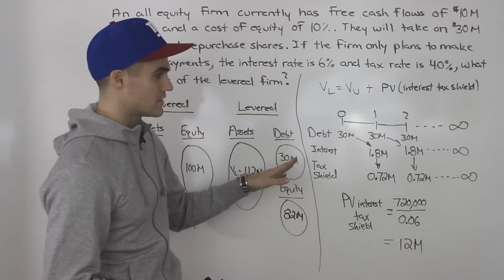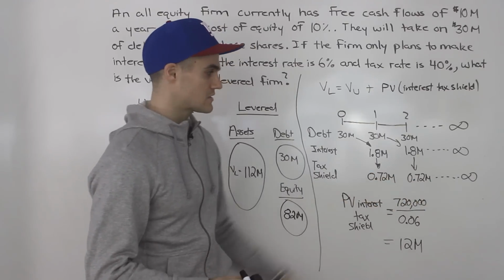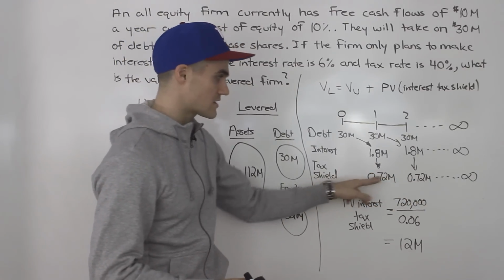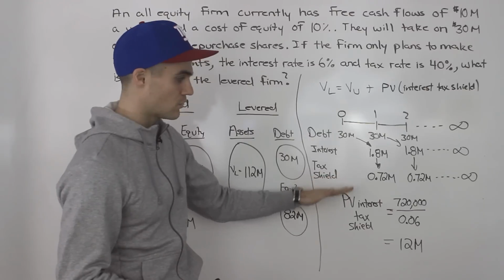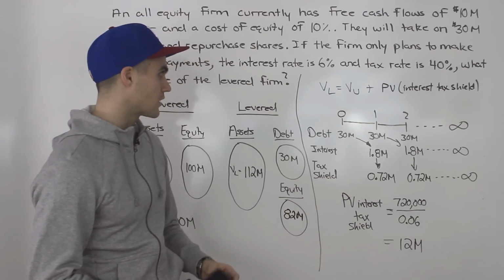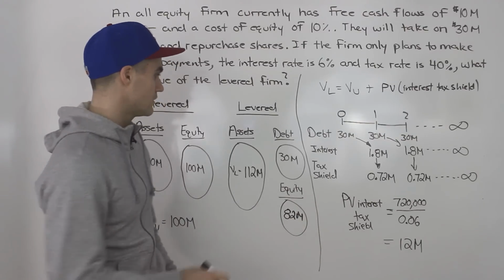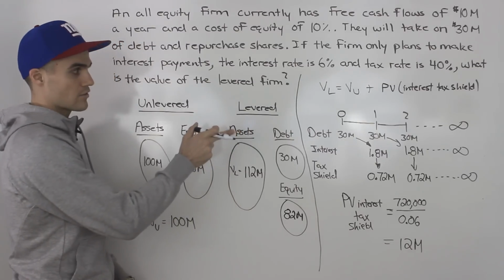Versus if you have temporary debt, that interest tax shield is changing every year, like you saw in the previous example. So you got to do separate calculations, and then you got to throw in different cash flows in your financial calculator. It's just more work, in my opinion. So this is how you find the value of a levered firm with permanent debt.